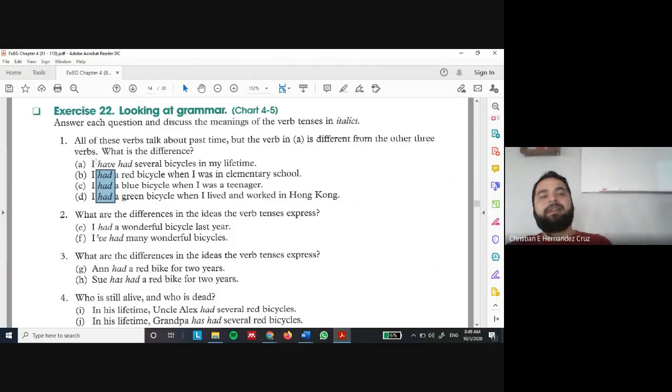And in sentence A, we use have had. Is there any difference that we can gather, that we can understand or imply from using this different verb? Basically, what is the difference in the context of these sentences?